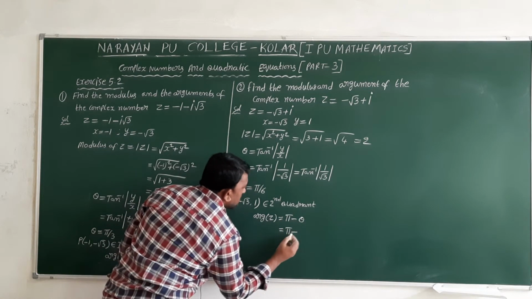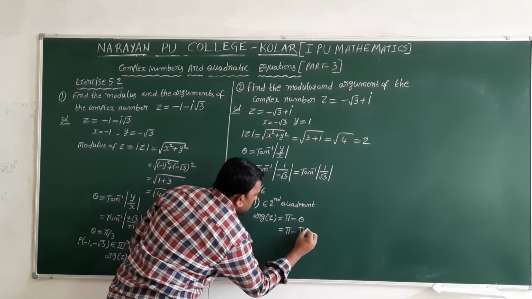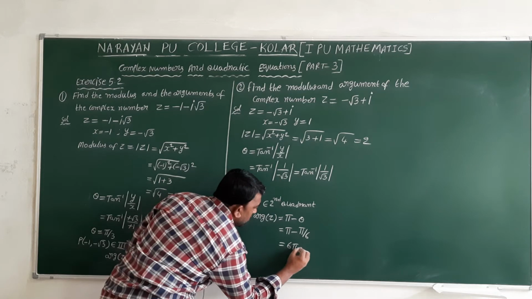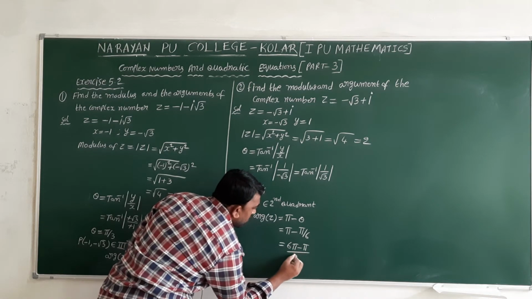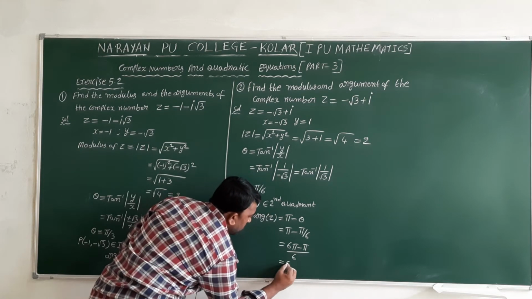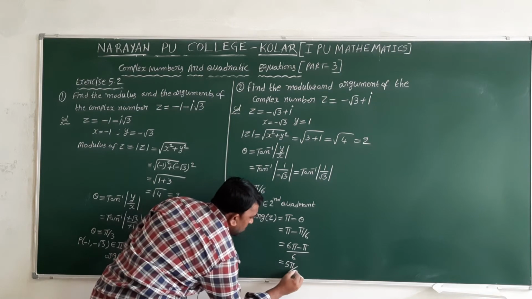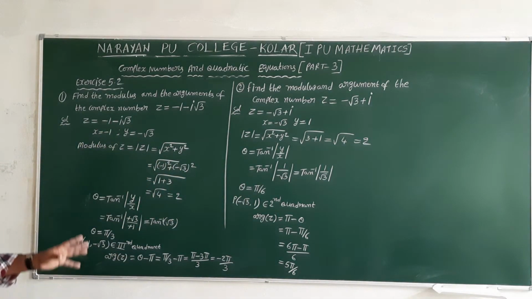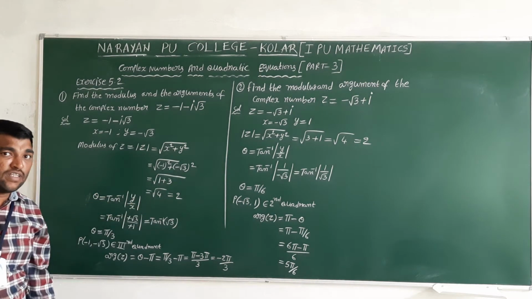Pi minus theta is pi minus pi by 6, that is 5 pi by 6.